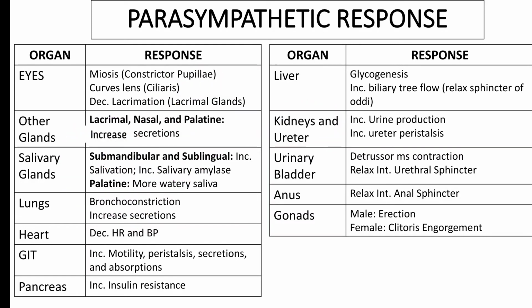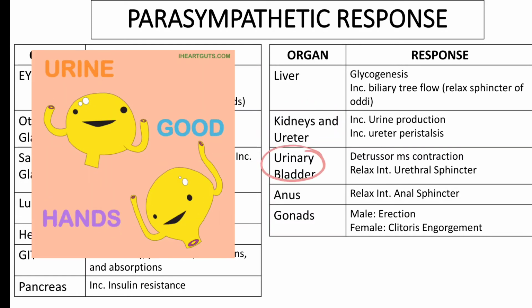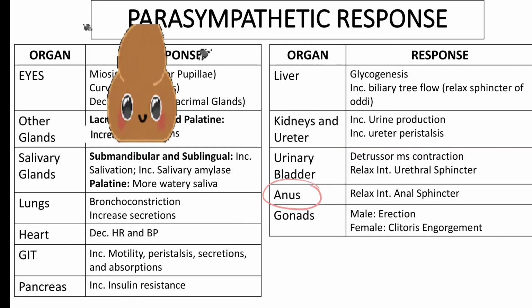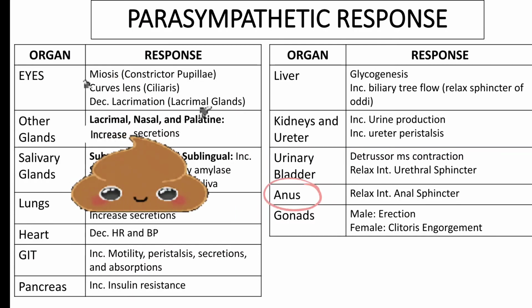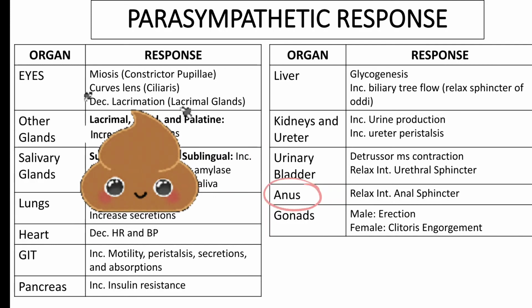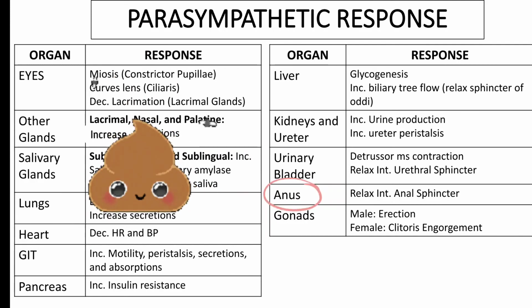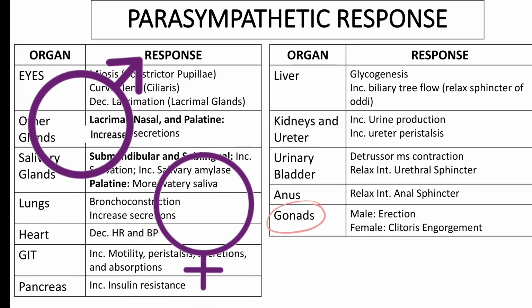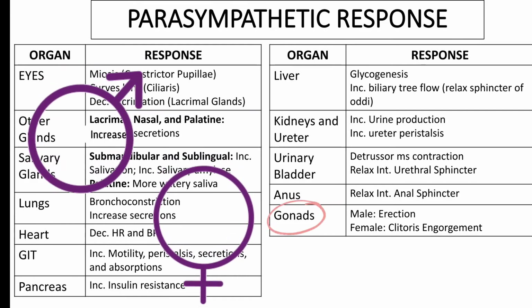For your urinary bladder, there is detrusor muscle contraction, as well as relaxation of your internal urethral sphincter, allowing for voiding to happen. For your anus, there is also a relaxation of the internal anal sphincter, allowing for feces to pass out. For the gonads or sex organs, in the male, there is an erection, and for the female, there is a clitoris engorgement.